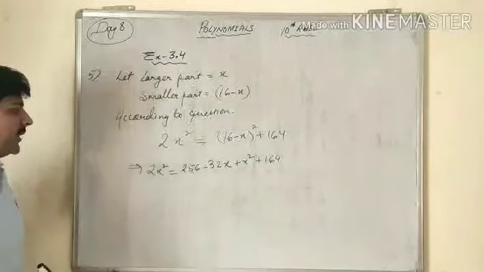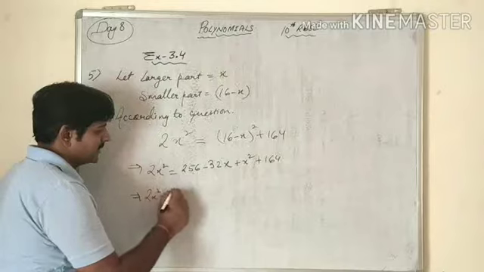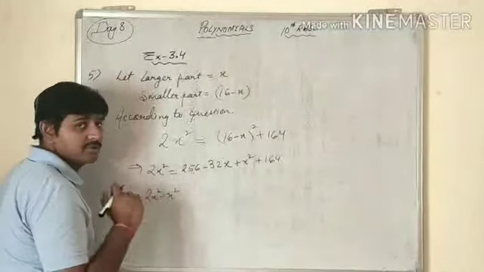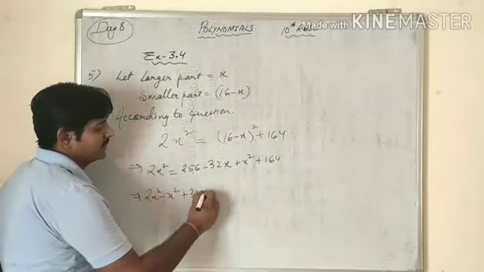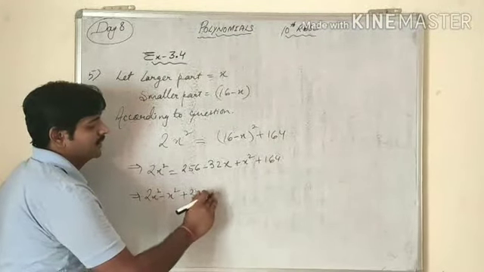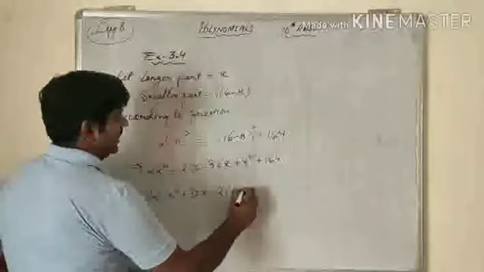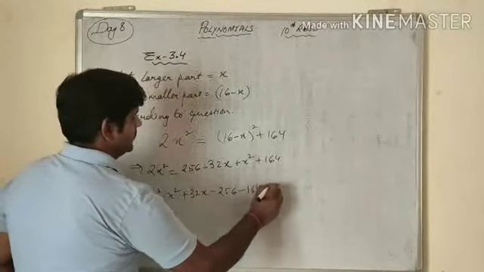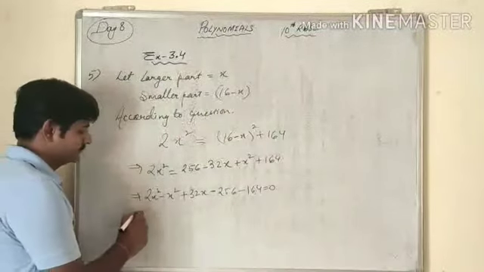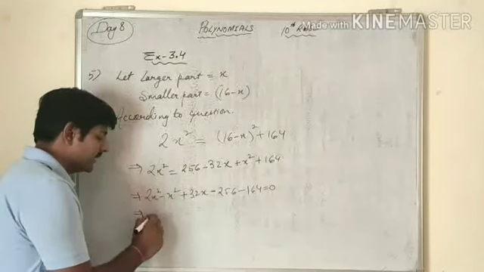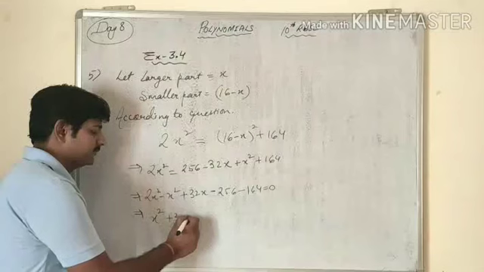All the terms we will shift to the other side, so there will be 2x square minus x square, this plus x square will be shifted to this side, and then minus 32x becomes positive 32x, this minus 256 and minus 164 equals 0. This we got, that's all. 2x square minus x square is x square plus 32x.